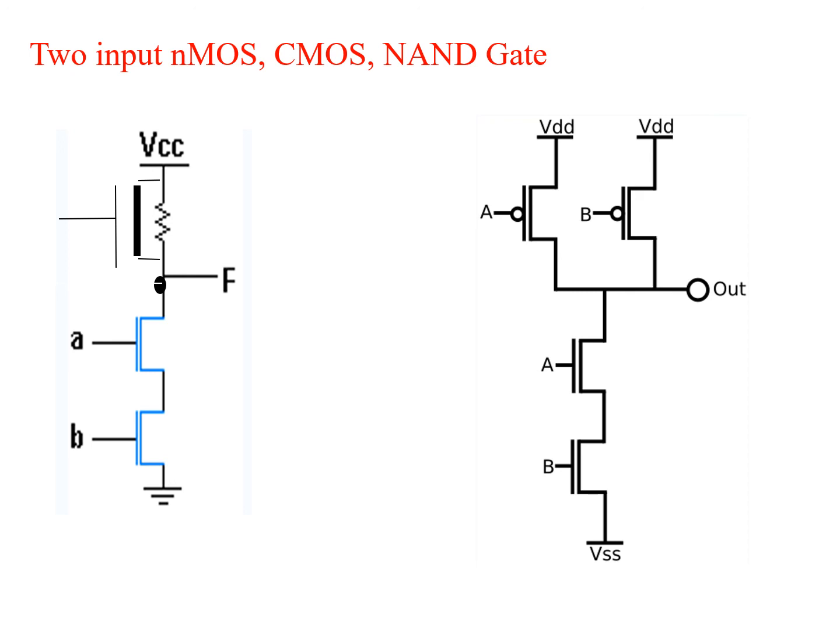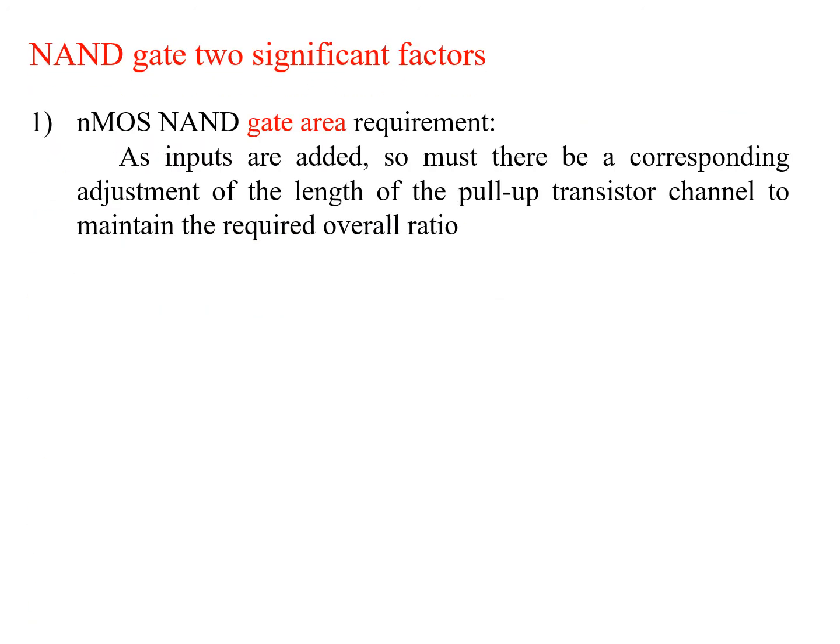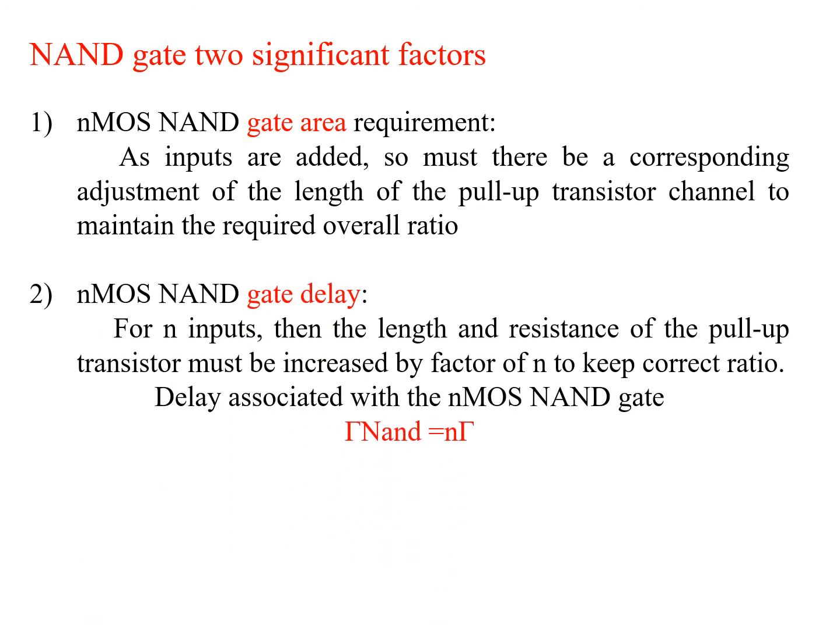So this is the first parameter, and the second parameter is with respect to your delay. As I have already explained, the inputs you are going to add should have adjustment with respect to your pull-up transistor channel, so that you can maintain the required overall ratio. The second parameter is the gate delay.